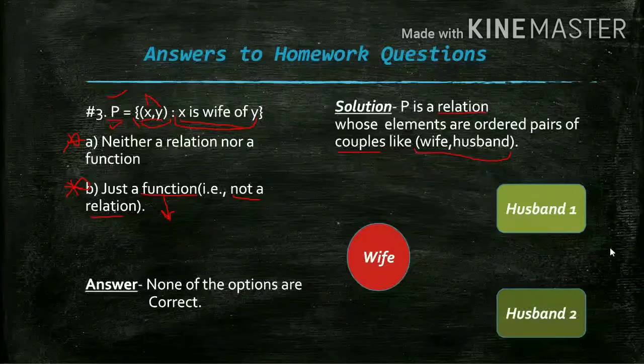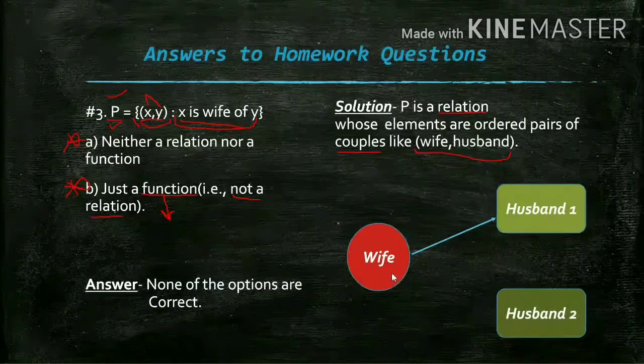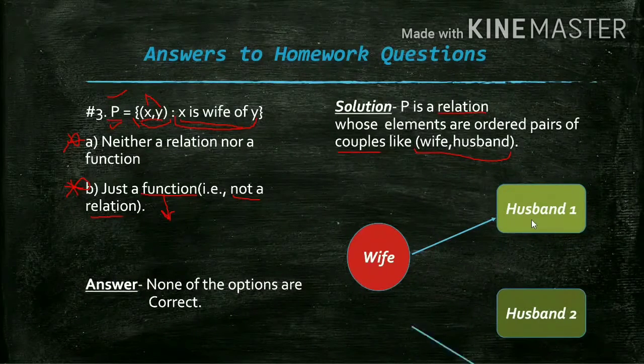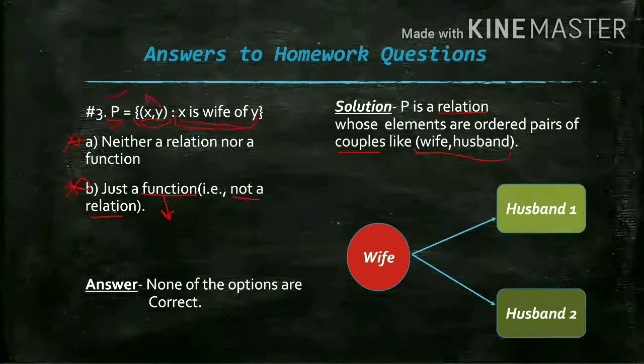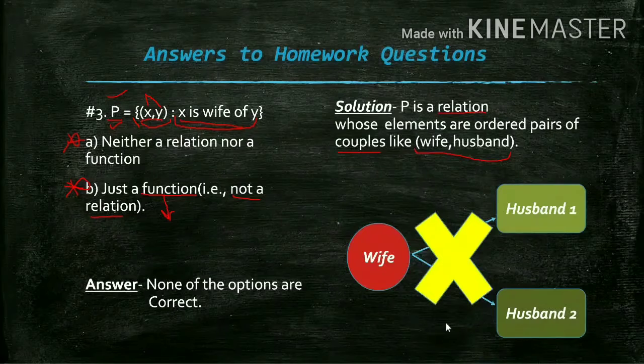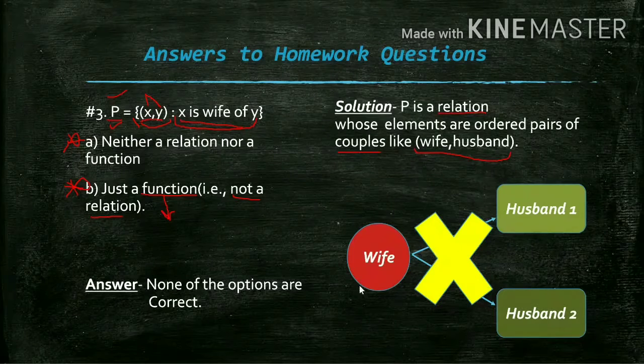Now, can this wife have husband one as her husband and husband two also as her husband? Can this be possible? That means this is mapped to these two. Definitely not. This cannot be the case.